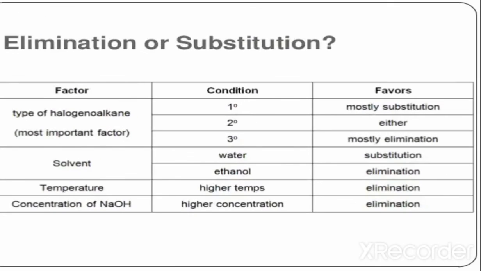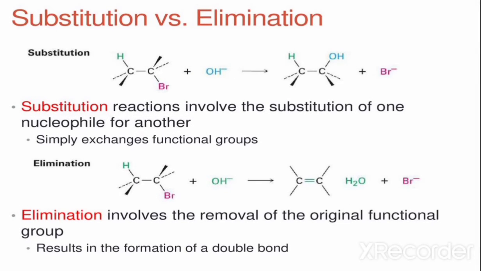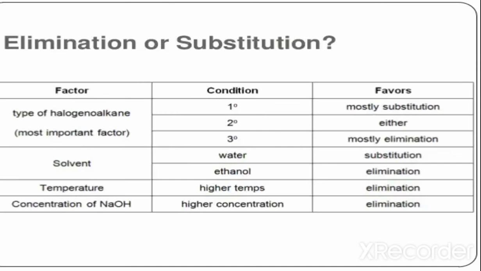Next we will see the difference between the elimination and substitution reactions. There are some factors, conditions and favors that tell us whether the reaction is an elimination reaction or a substitution reaction.